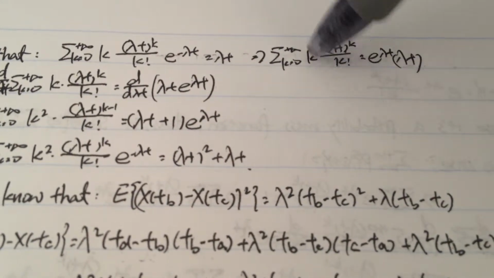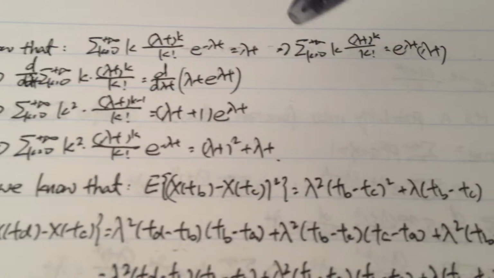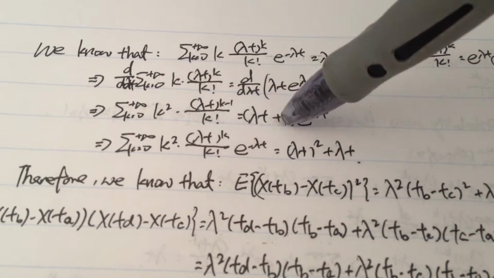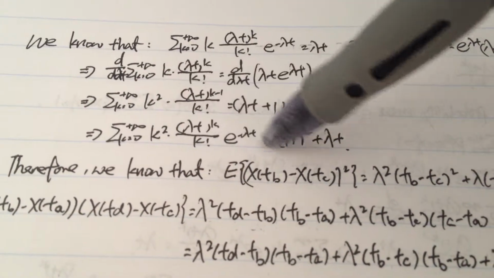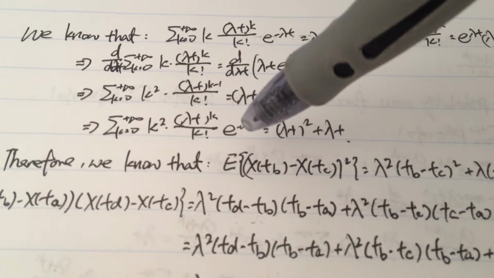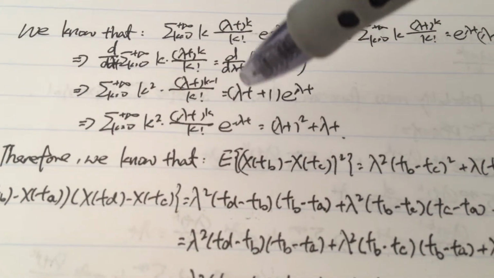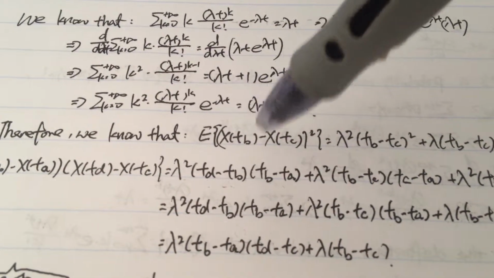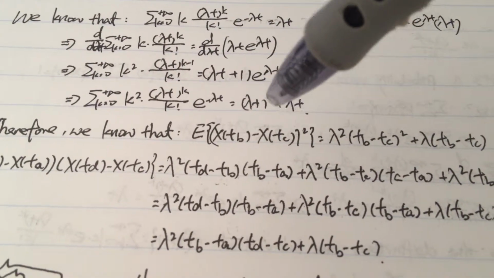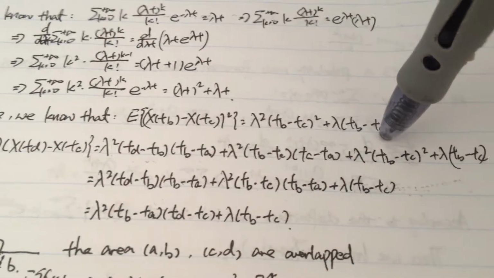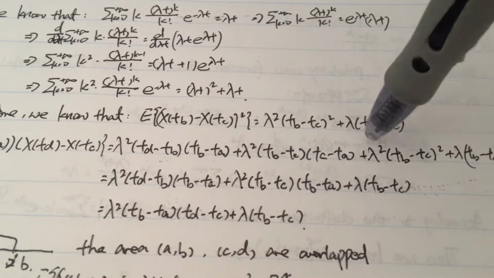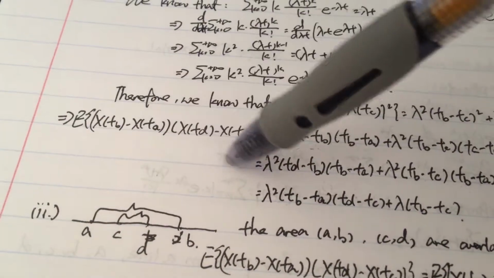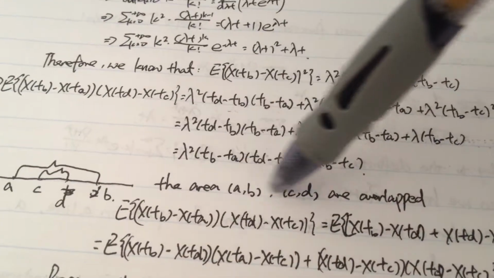We take lambda t as a whole, and we take a derivative at both sides of the equation, so that we can get this, and we can see that this part is equal to the mean of X(t) squared, so that we can know that the mean of X(tB) minus X(tC) squared equals this part, and we take this part to replace into the former equation so that we can get the mean of this part equals this one.